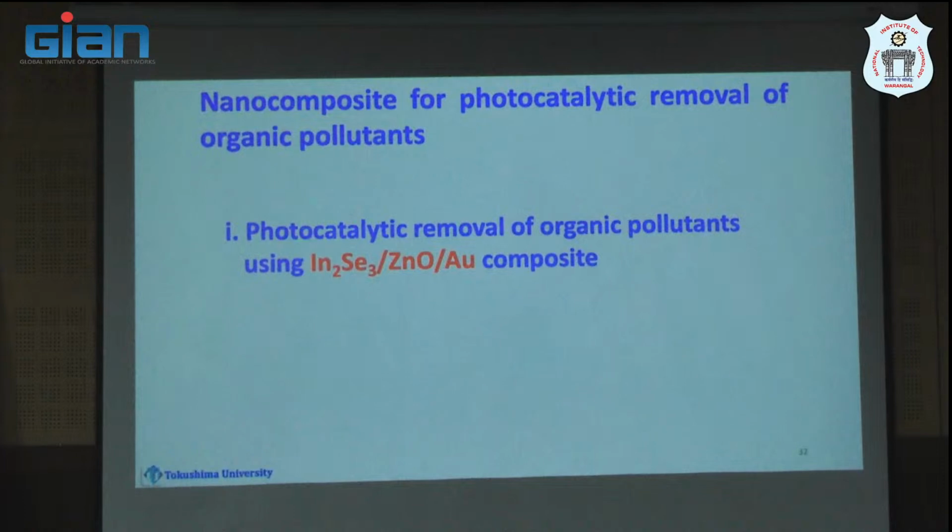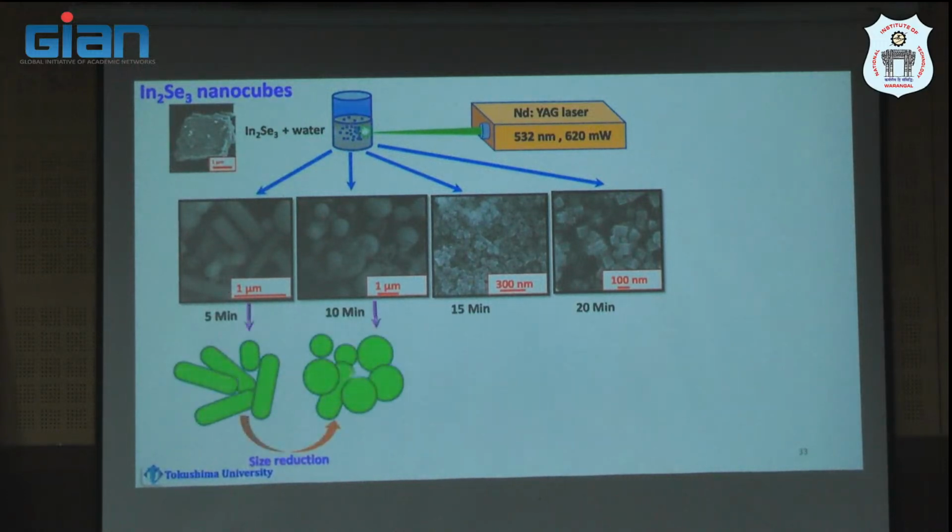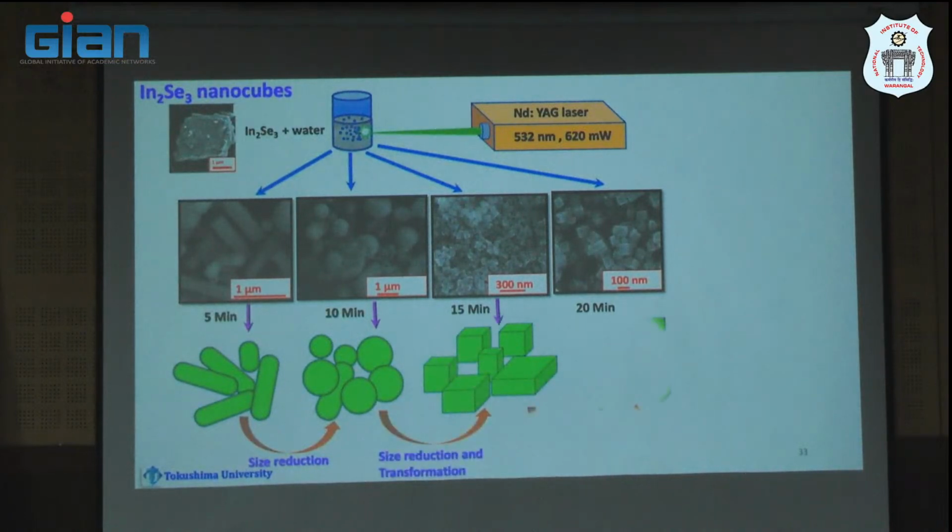Now the first example is this. I showed you this slide yesterday and you already know about this, so I am not going to explain this slide again, but you can understand that we started with the bulk material which has a size of 2 micrometer. Okay, this is 1 micrometer, and this is a sheet-like structure, like one paper on another.